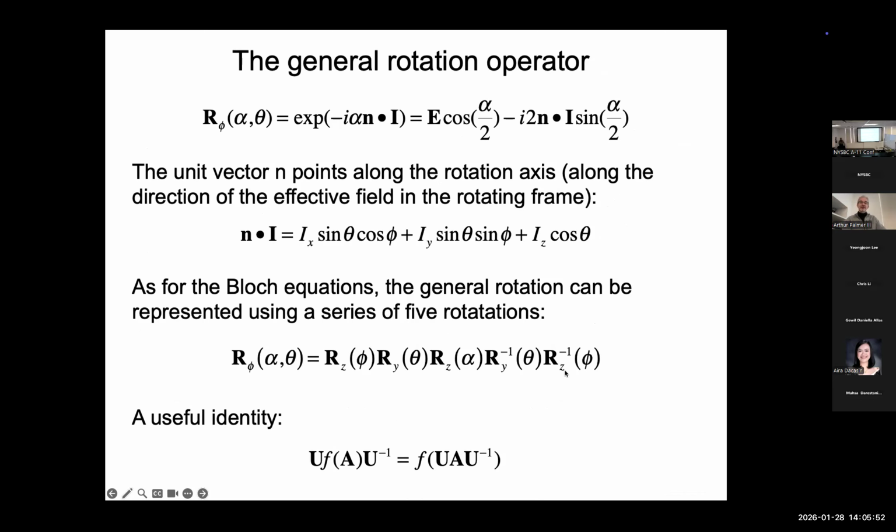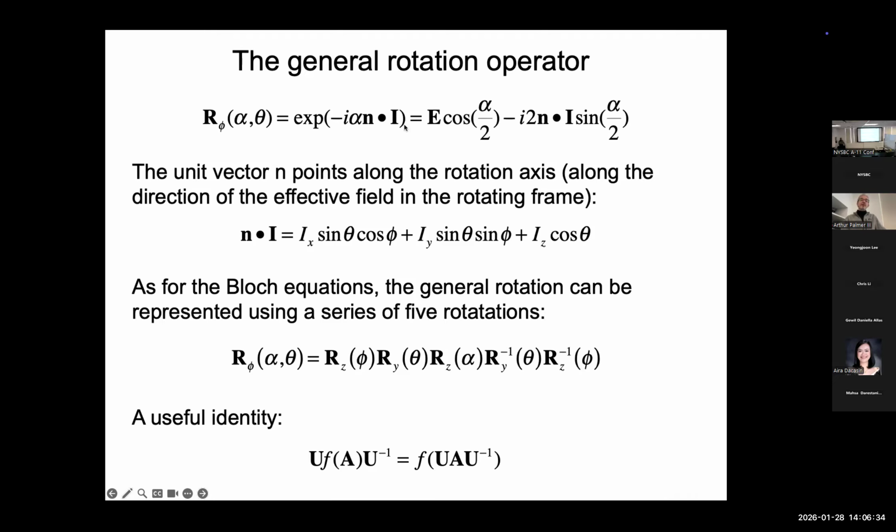I can represent a rotation around some arbitrary axis by, first of all, rotating around Z to get rid of the phase, coming back to the IX axis, then rotating around the IY axis to put the effective Hamiltonian on the Z axis, rotating around Z by the rotation angle, and then undoing the first two rotations. So this is completely analogous to what we did for the Bloch equations for the magnetization.